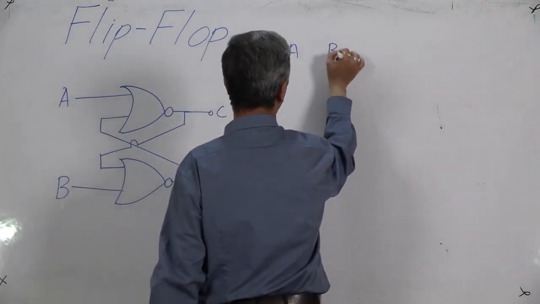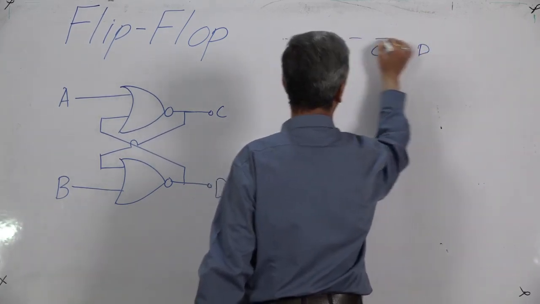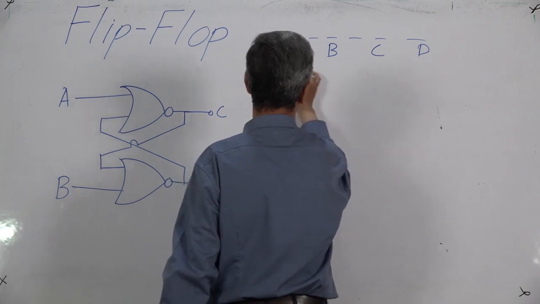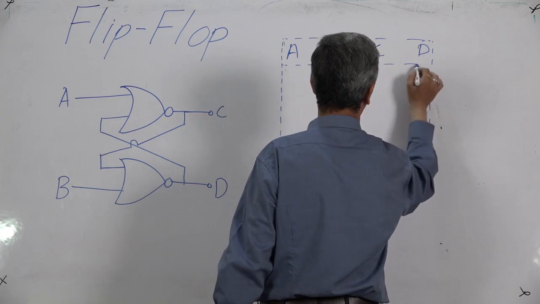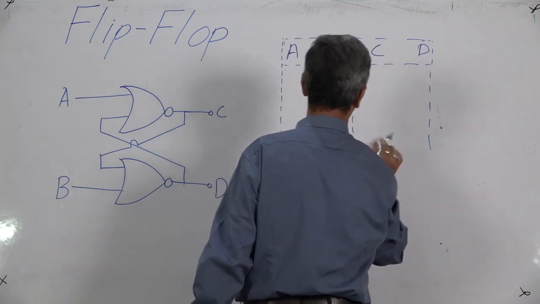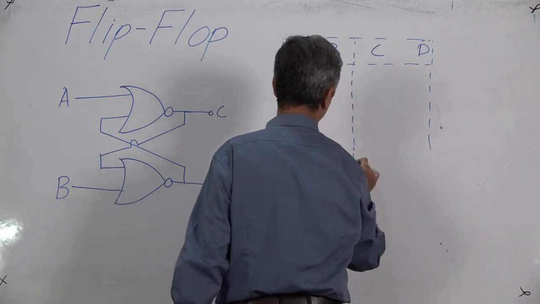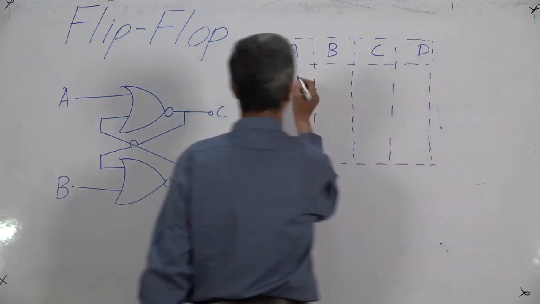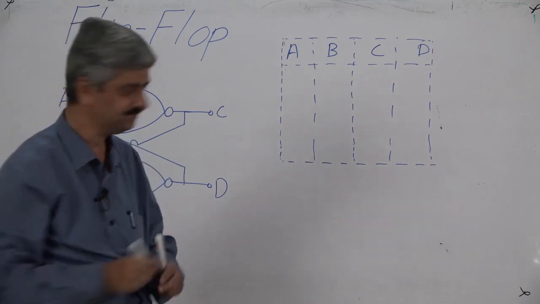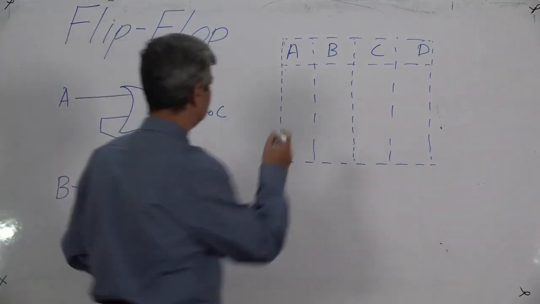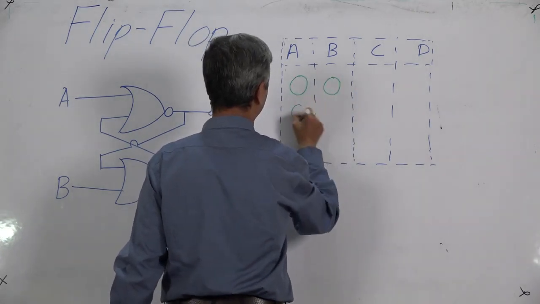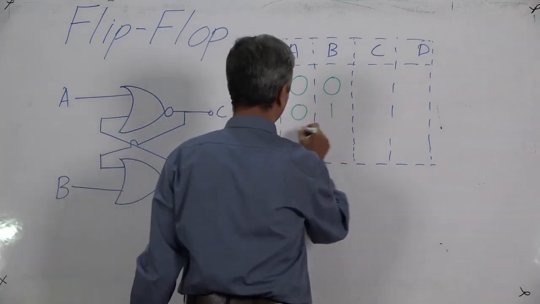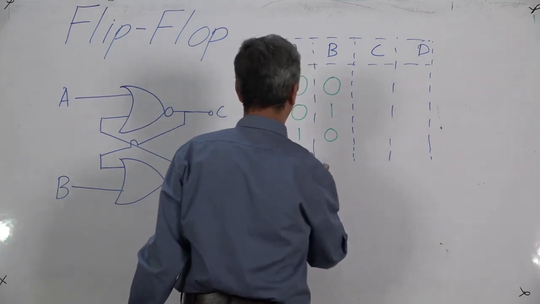Obviously A, B, C and D. So inputs I write as 0, 0, 0, 1, 1, 0 and 1, 1.